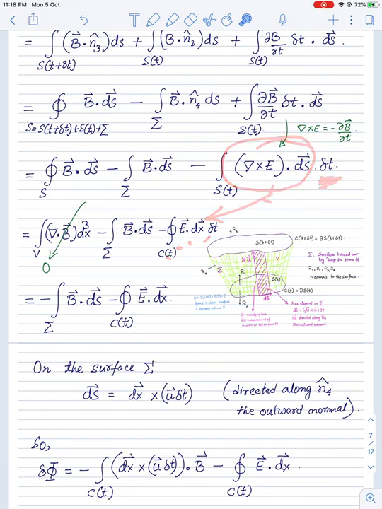Again this surface integral of curl of E, at S of t, times delta t, by Stokes theorem now becomes a line integral, where the line integral is for a closed loop, and this closed loop is the loop of this surface at time t. Okay, this is the C of t at time t.